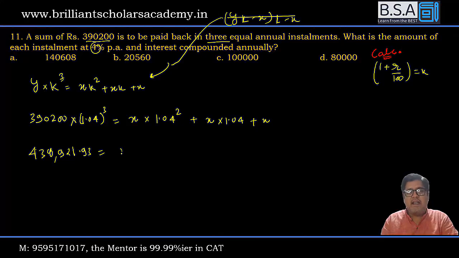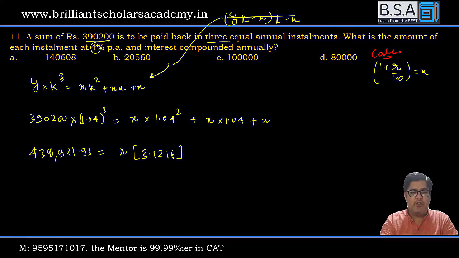On the right side, I can take out X common. Once I do that, I can have 1.04 square plus 1.04 plus 1. So on the right side, I have 3.1216.